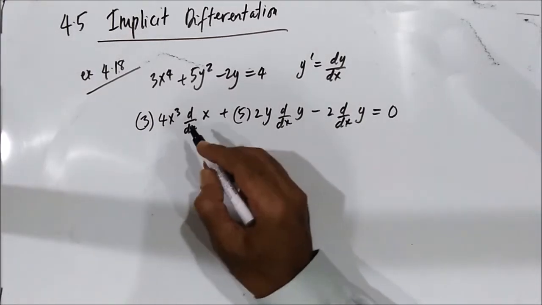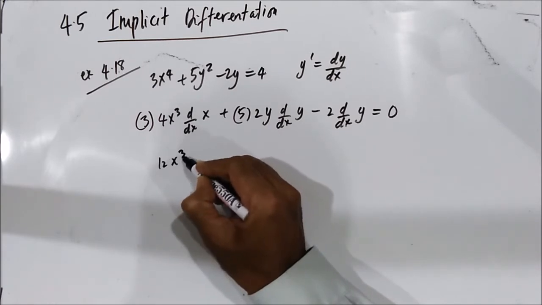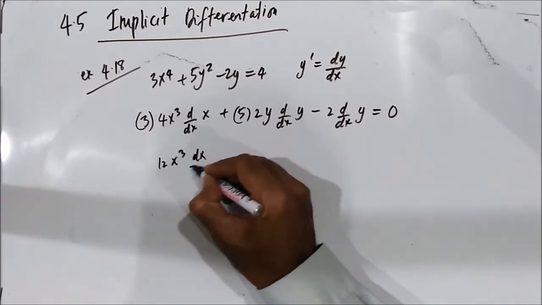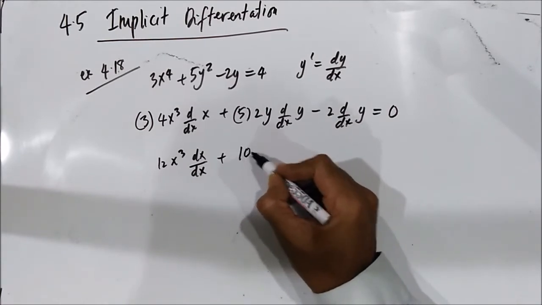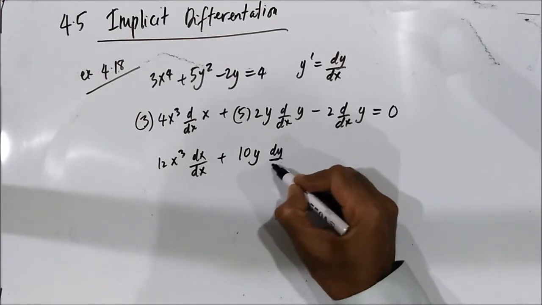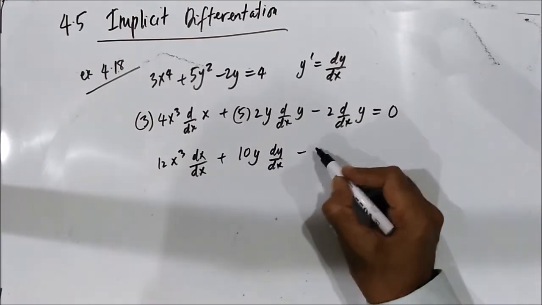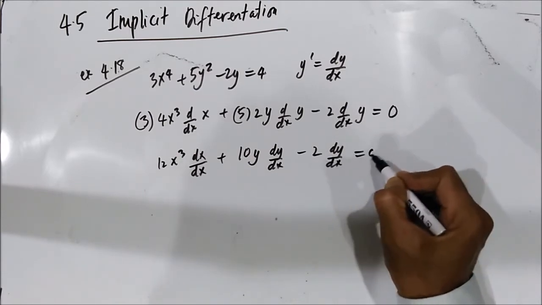Here 3 multiplied by 4 is 12, 12x raised 3 dx/dx, which is 1, plus 10y dy/dx minus 2 dy/dx equal to 0.